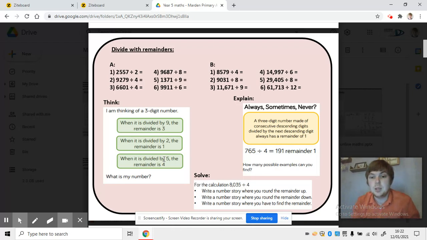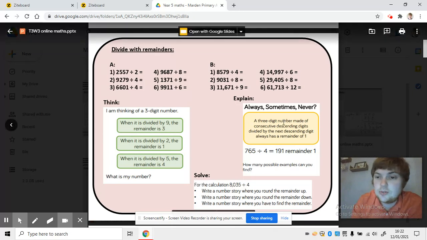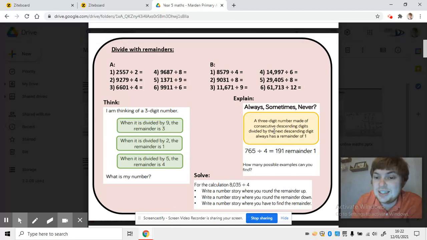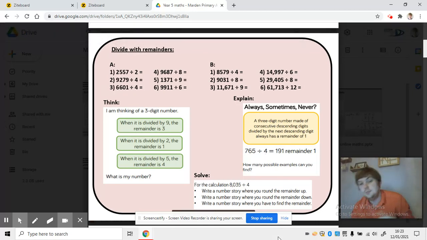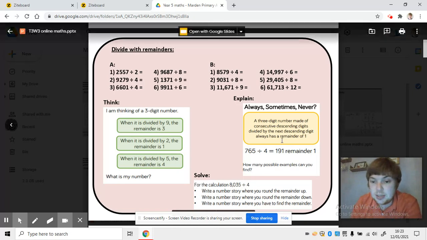Give it a go. Then on your explain, you're told a 3-digit number made of consecutive descending digits. So descending is going down, and consecutive is one after another. So in this example here, 7, 6, 5, they are consecutive digits descending. So these 3-digit numbers with consecutive descending digits divided by the next descending digit, so 7, 6, 5, and 4, 4, 3, 2, 1, always has a remainder of 1.